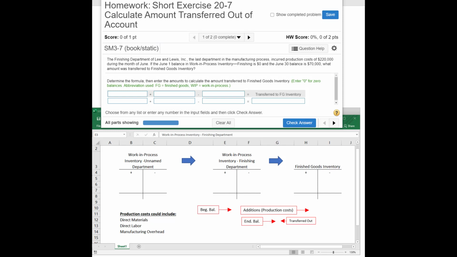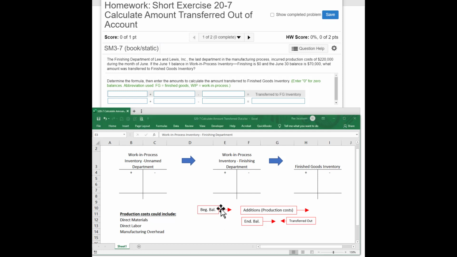So this problem will give us beginning balance, ending balance, and additions. We have to know where we would place these in our T account. Let's start with beginning balance. With a plus sign on the debit side, the beginning balance would be up here.